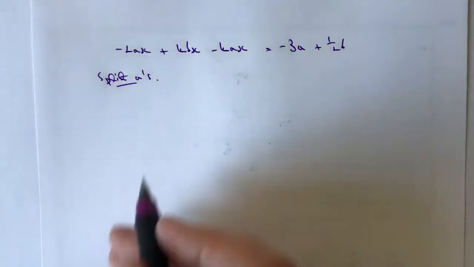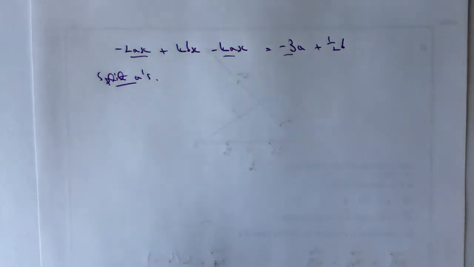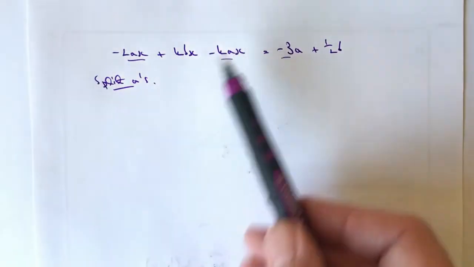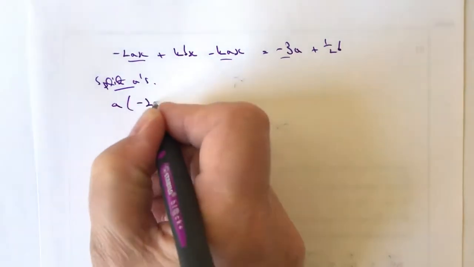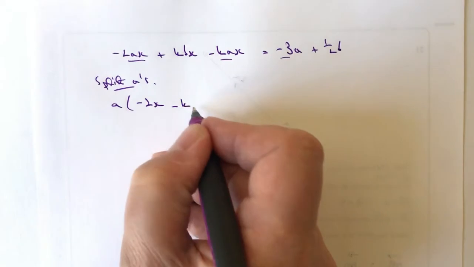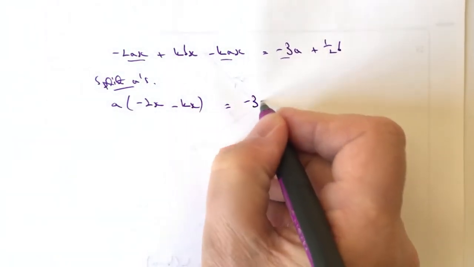If we split a's, we've got this one and this one. So I can take a out of both of these terms and write that as a times minus 2x, and then I've got minus kx, and that equals minus 3a.